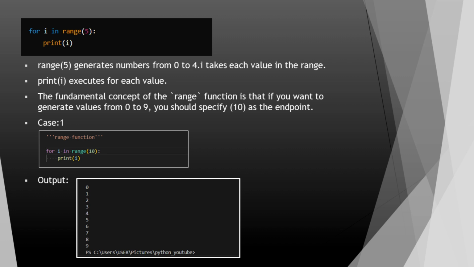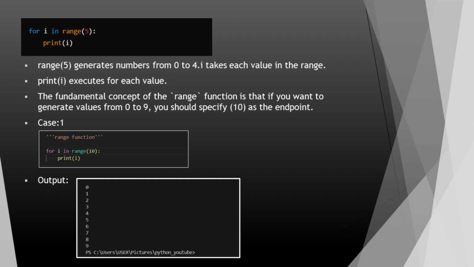So if you want to print a range of numbers from 0 to 5, you have to write 6 in your range, or you can also write 5 plus 1. So it will generate numbers from 0 to 5. And i takes each value in the range means in i we are going to get our numbers, 0, 1, 2, 3, and 4.